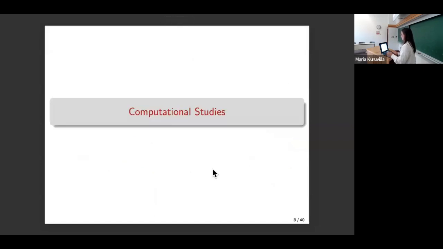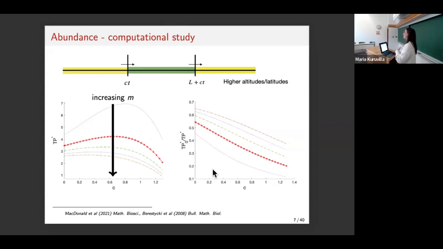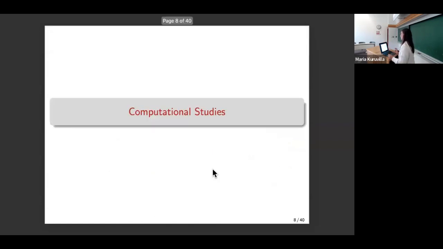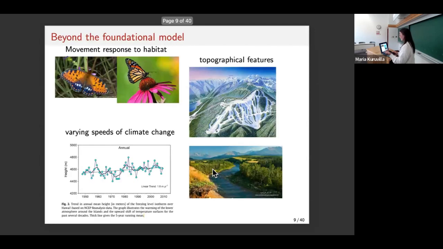Okay, so what I want to say is we have this large trailing edge behavior, and it'll come up again soon. Okay, so why computational studies? This gives you a little bit of an idea why, right? We can complement our analytical results with computational studies and study things like abundance, or study concepts outside of persistence analysis or existence of solutions.